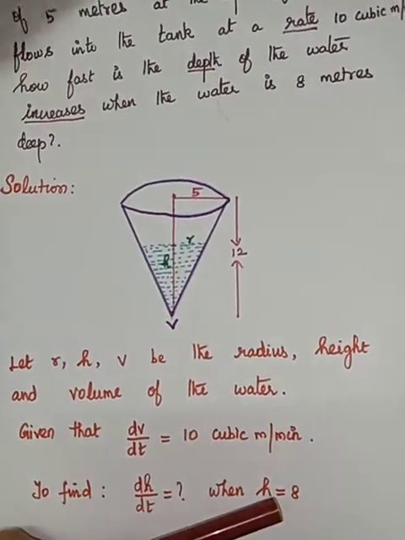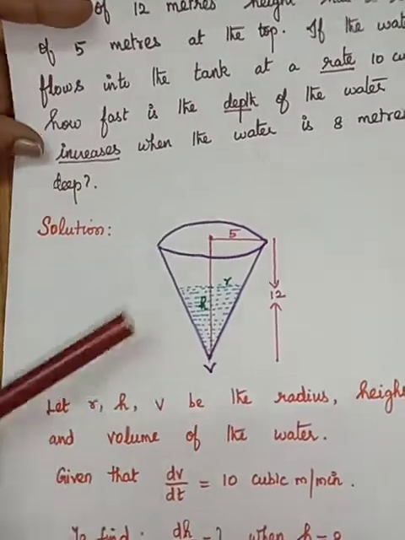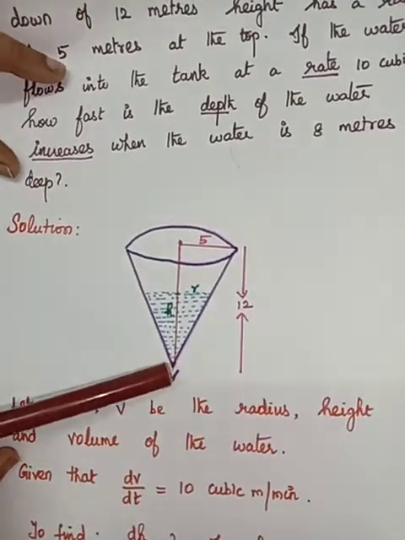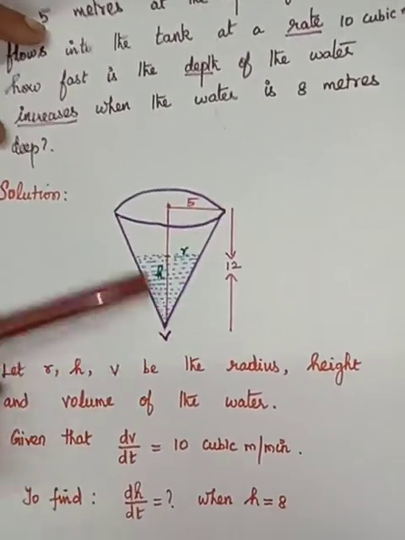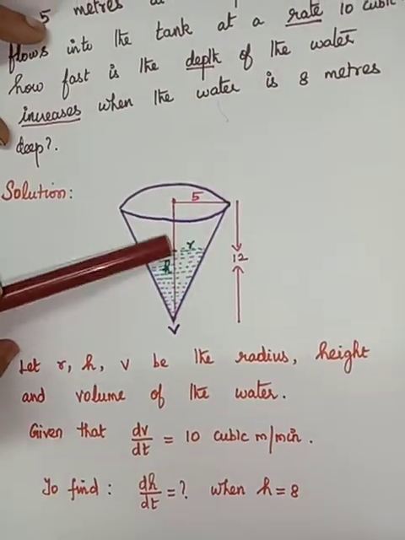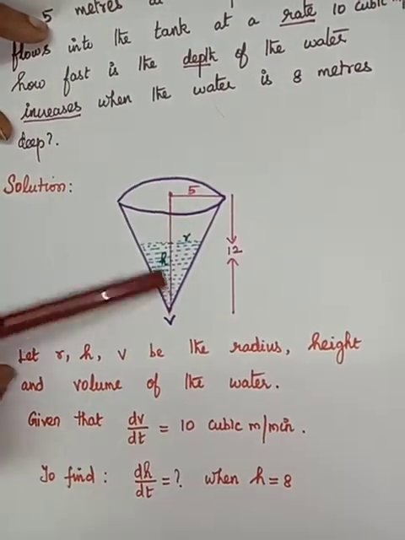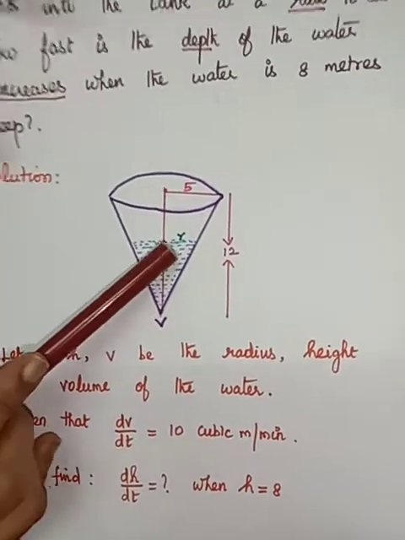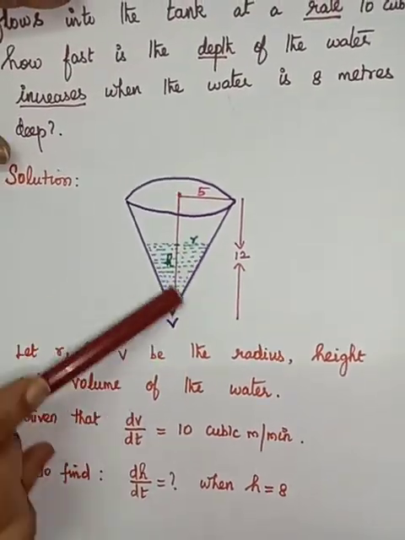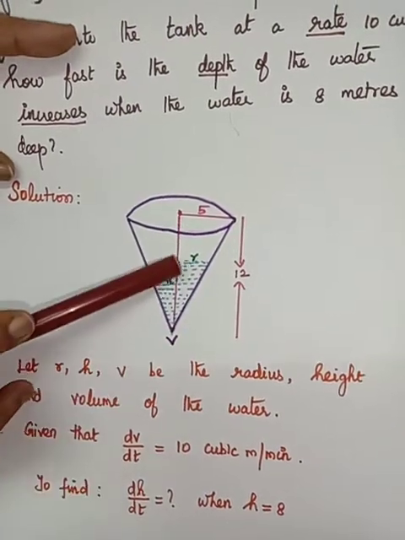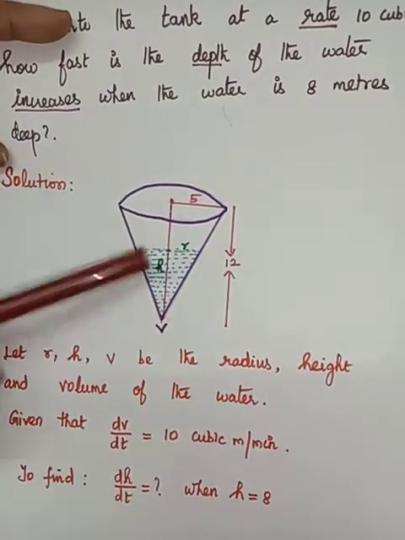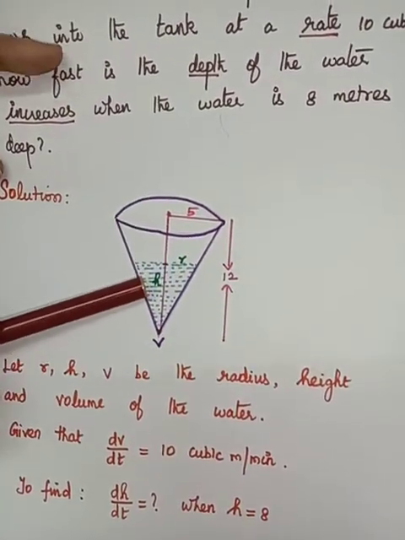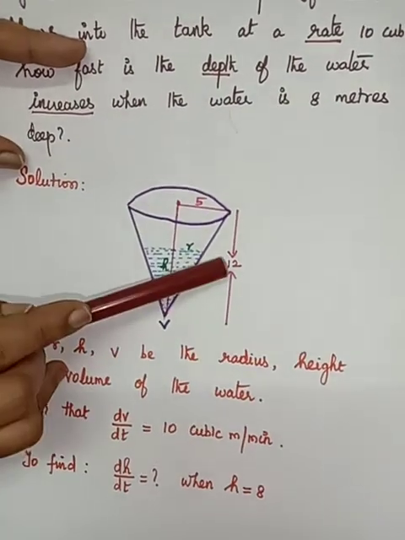Okay, so from the triangle you take the bigger triangle and the smaller triangle. So they are similar. So we can equate the ratios. Okay, so here R by H, the smaller triangle, I have considered the smaller triangle. So here R by H, which is equal to 5 by 12.